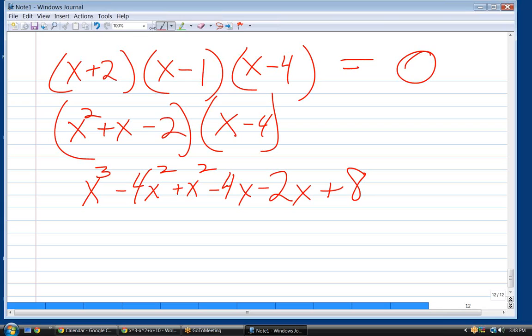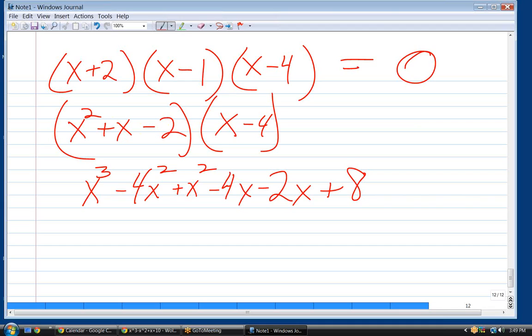Notice that FOIL doesn't do much good. No. But ET does. And ET stands for every term times every term. That's all you have to do. I don't care if I have 3 terms times 7 terms. I'm taking the first term, multiplying it by all 7, taking the second term, multiplying it by all 7, and so forth and so on.